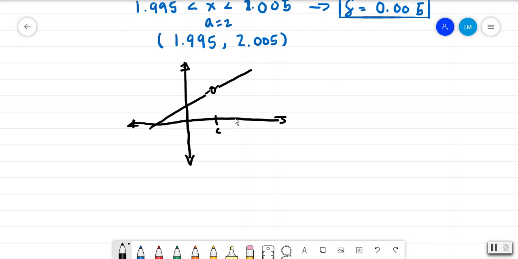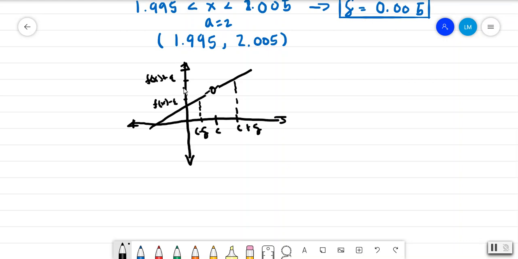So we have to pick a value over here that we call c plus delta, and a value over here that we call c minus delta. So there is a correspondence as it relates to what these values will be equal to along the graph.